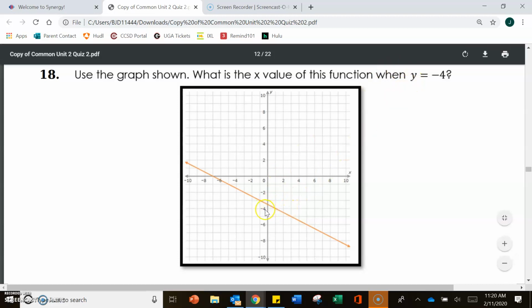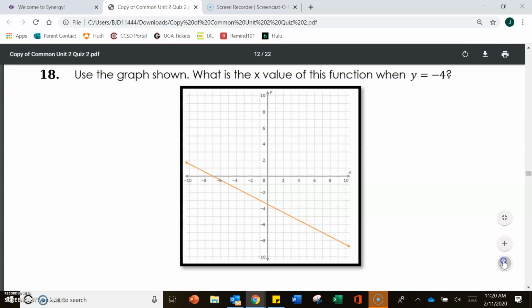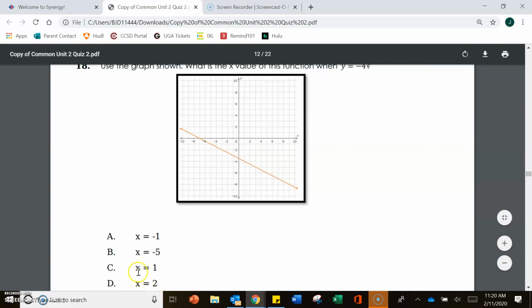So go where y is -4 because this is the y-axis. And just go to where you hit the graph. You're either just going to go left or right. It's kind of like you're going horizontal until you hit the graph. Okay, and there you just look for the x value. X is 1. All right, so that would be C.